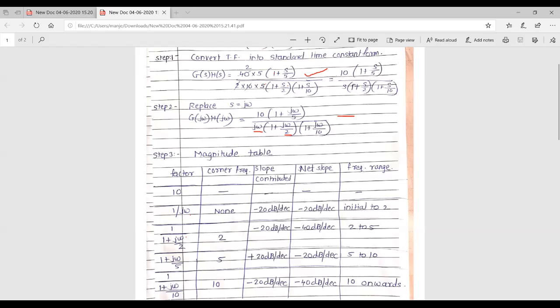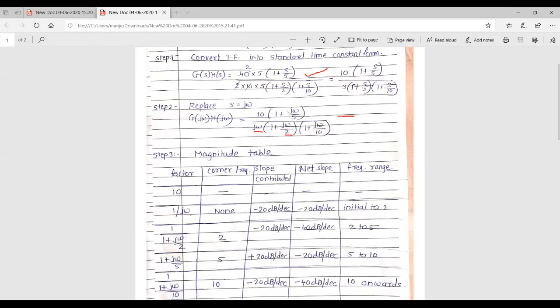Now, just observe that these slopes are calculated per DEC. Now this DEC stands for decade. Okay. Decade is nothing but frequency ratio of 10. We know decade, right? By dictionary, meaning of decade is also known to us. So same significance is used in Bode plot.